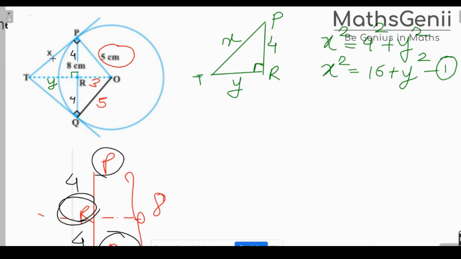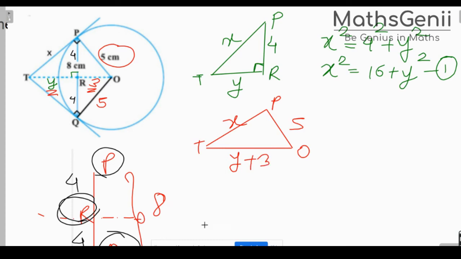Consider the second triangle quickly, OPT. Where is OPT? It is like this, correct? So PT is X, PO is 5. This is Y and this is 3. OT, so I'll write it as Y plus 3.